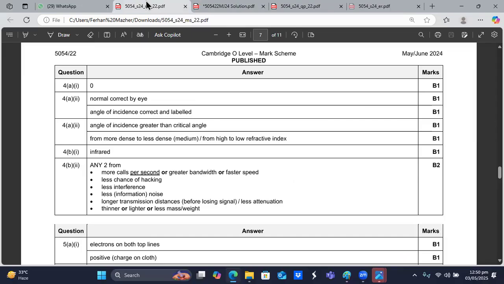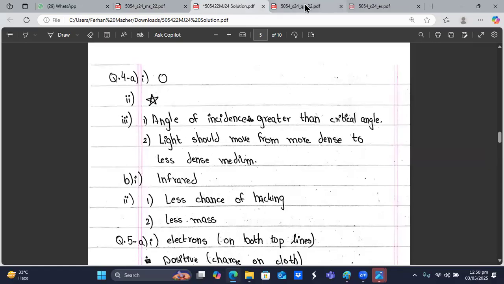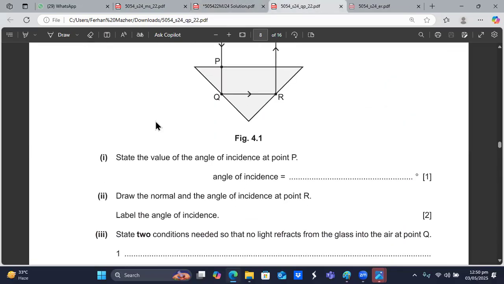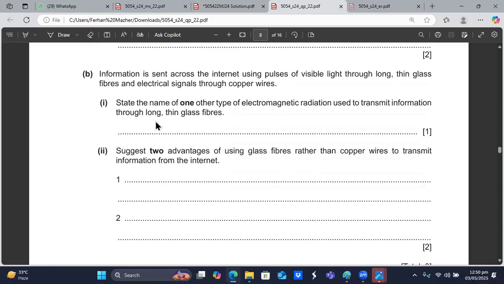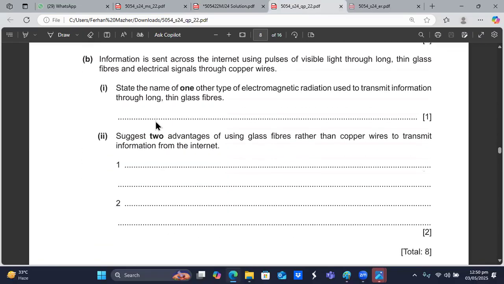Okay, so I hope you can see the marking scheme as well. Then the next question is question number 4, and it's the B part. It says information is sent across the internet using pulses of visible light through long, thin glass fibers, and electrical signals through the copper wire.